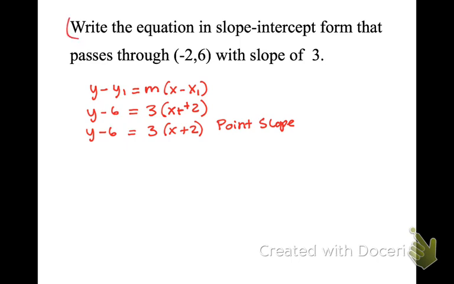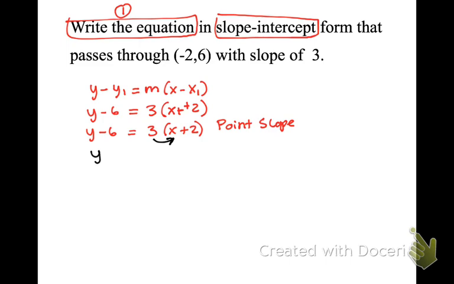Do they want it in point slope? No, they're saying write the equation in slope-intercept form. Slope-intercept form means what? Get the y alone. So we're going to keep going. I got to get my y alone. So now I'm going to distribute. Simplify and distribute.